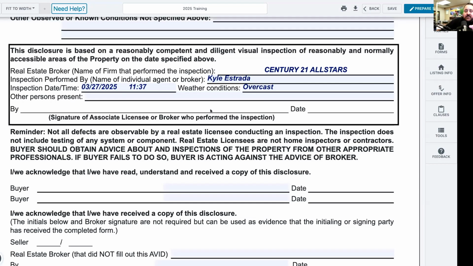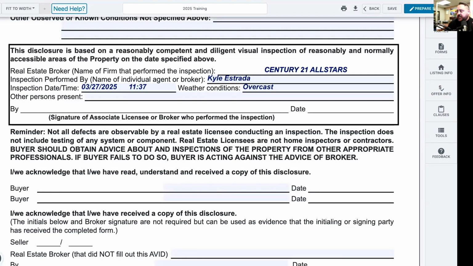If during the sunny days there are different things that you may have noticed, you could say, well, it was overcast that day, or this is the day I did it. And then if something happened after the fact, you're not responsible for that visual inspection because it was done on this date.